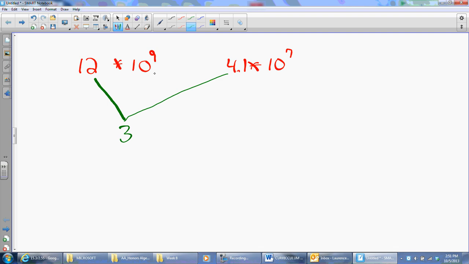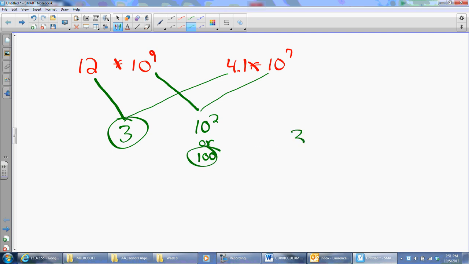But over here, 10 to the ninth divided by 10 to the 7th is about 10 squared, or 100. And so what I'm trying to get at is that if the decimal part of the number is 3 times bigger, and the base exponent part of the number is 100 times bigger, well, then it must be 300 times larger. Yeah, so I found out the decimal part, divided it, got the base part divided, and multiplied the answers together. That's all I'm trying to say.